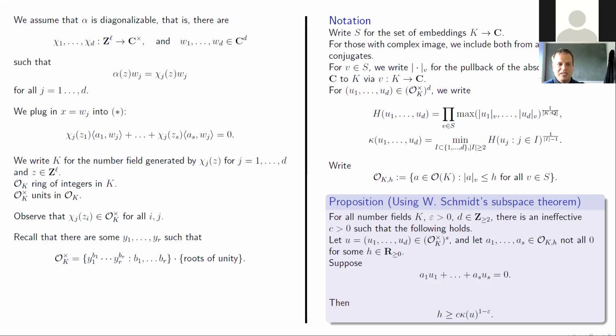Yes. So basically, the way the proof of Roth's theorem works is that you assume that you have a sequence of rational approximations to your number, a particular finite sequence, which have to satisfy certain properties.